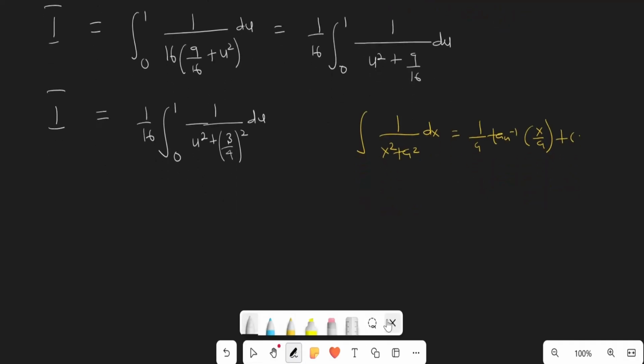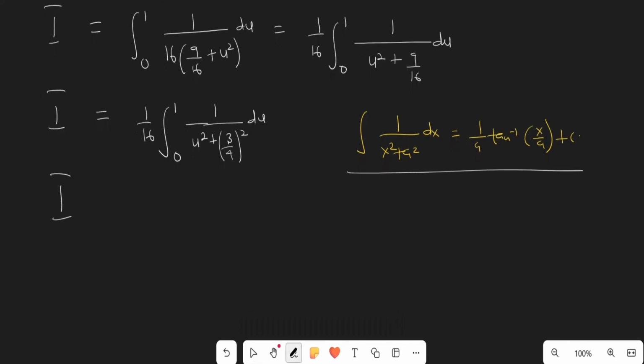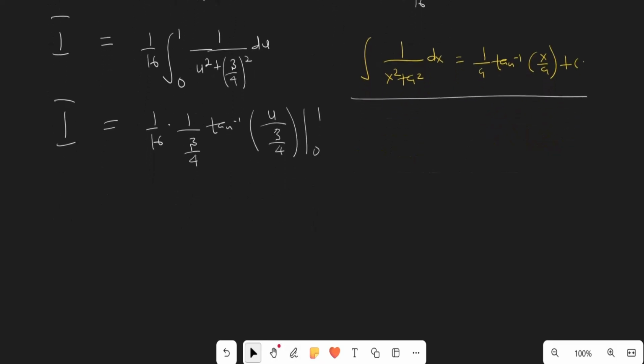So we are going to solve this integral using this arctan integral. This integral I is 1 over 16, 1 over a here is 3 over 4, tan inverse of x here is u over a, which is 3 over 4. The limits of integration from 0 to 1.